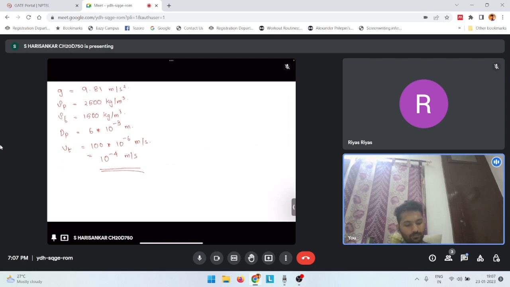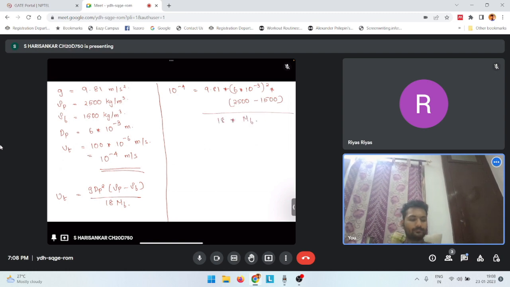So now we'll substitute all these in our equation, which is ut equal to g dp square into rho p minus rho f by 18 mu f. So ut, which is 10 raised to minus 4, equal to g 9.81 into dp square, that is 6 into 10 raised to minus 3 the whole square, into rho p minus rho f, that is 2500 minus 1500, the whole by 18 into mu f.